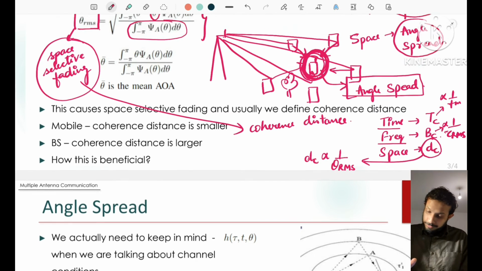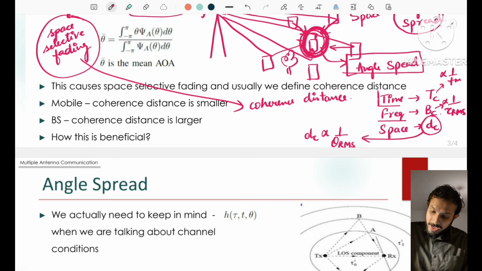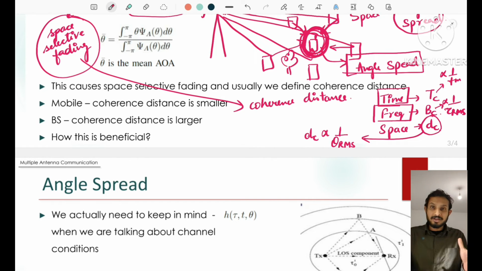Now we have seen that in case of time and frequency, we want coherence time and coherence bandwidth to be as high as possible. Of course, there are some demerits of that, but we usually love to have a high value of coherence time and coherence bandwidth. But in case of coherence distance, we want it to be as small as possible.